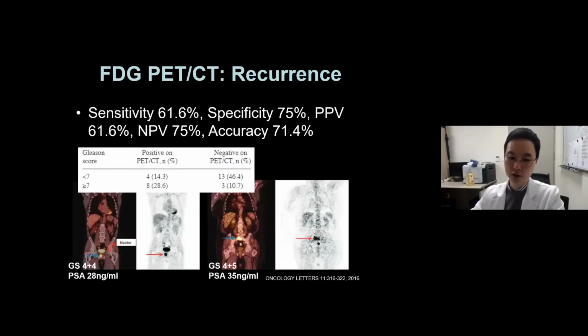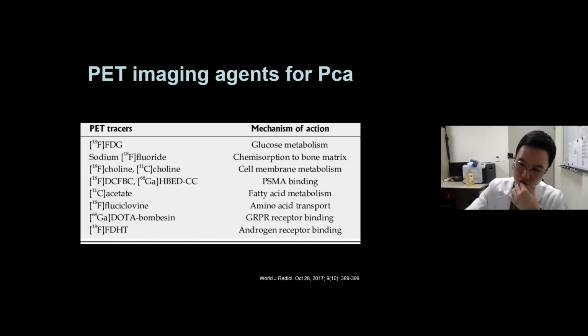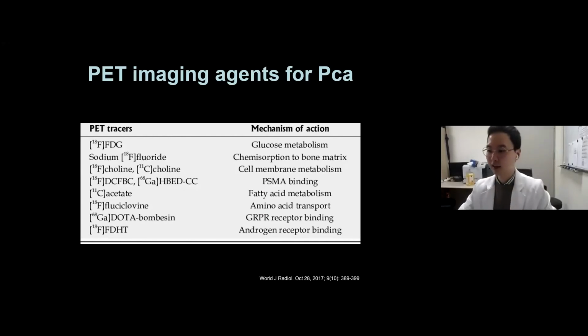But still, FDG PET has limited value, as mentioned, because of urinary uptake, since it is on the route of urinary excretion. So there are various other PET tracers, and I think prostate cancer has the most variable availability of imaging agents in the nuclear medicine field.